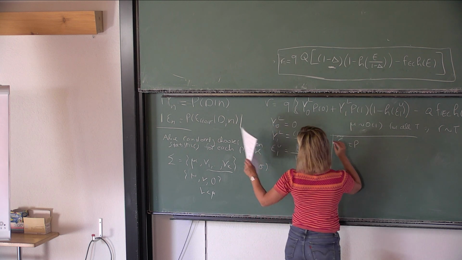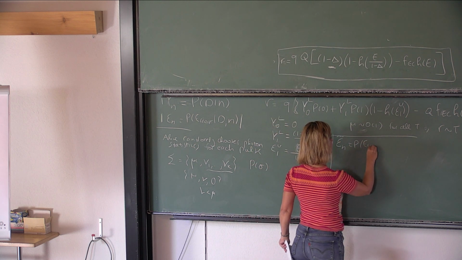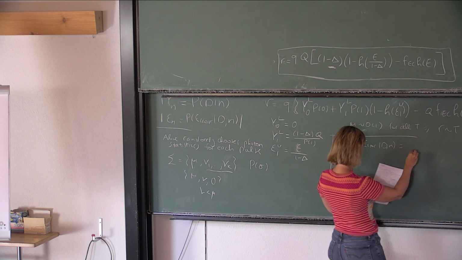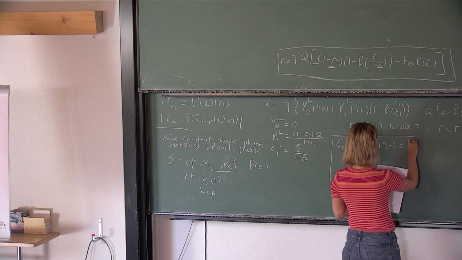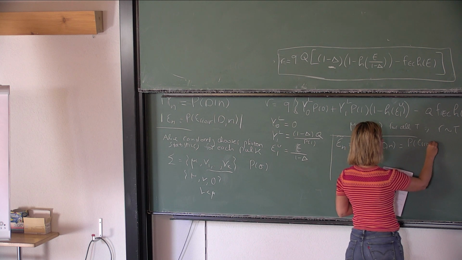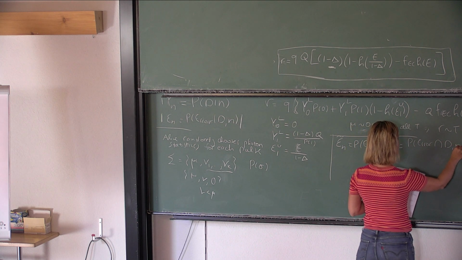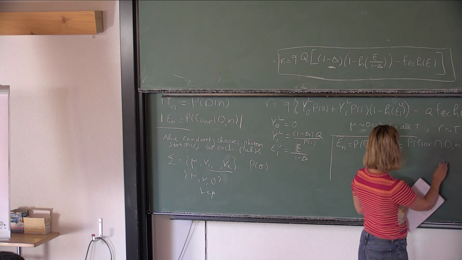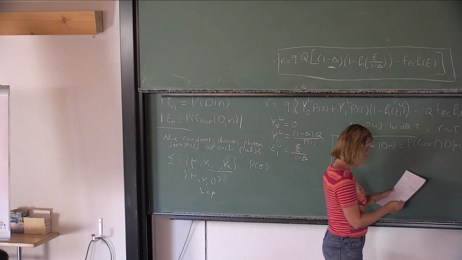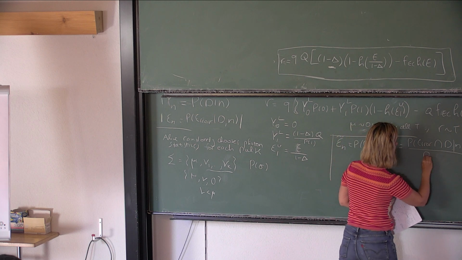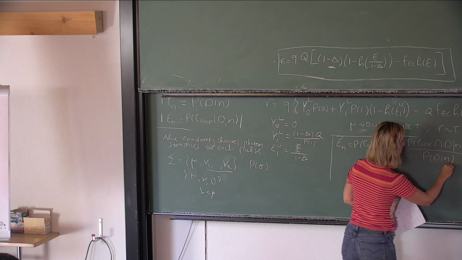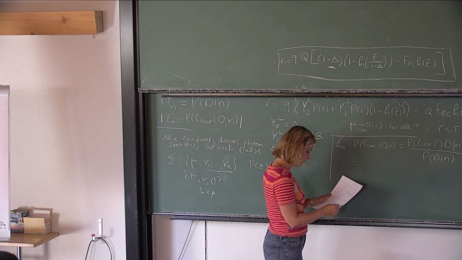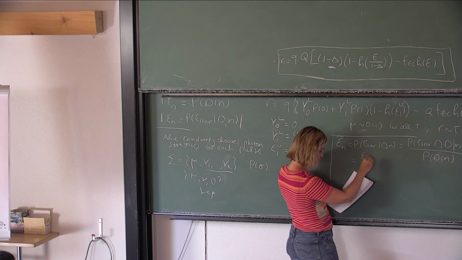It's the probability of an error given the n, which can be written as the two probabilities that are written here, divided. Putting all of this together, you need to believe you came up with this expression.